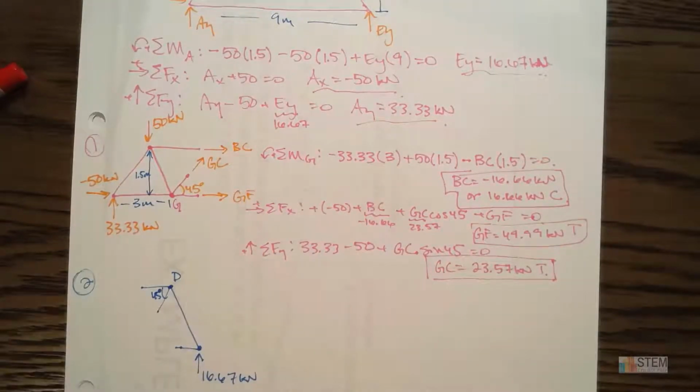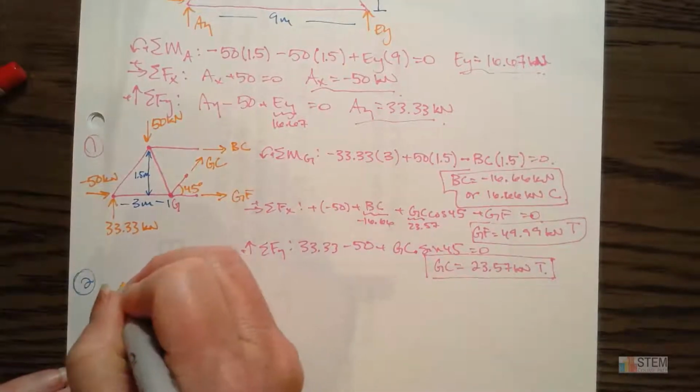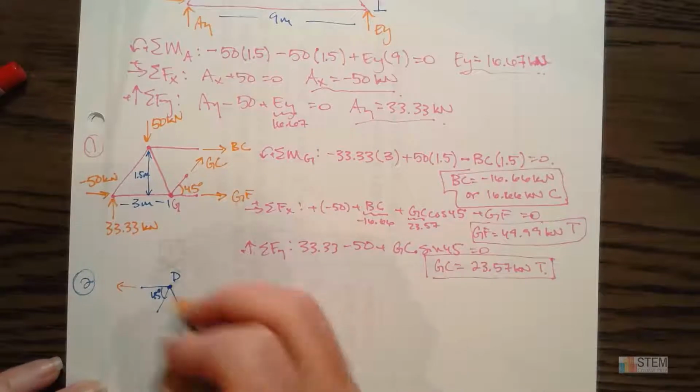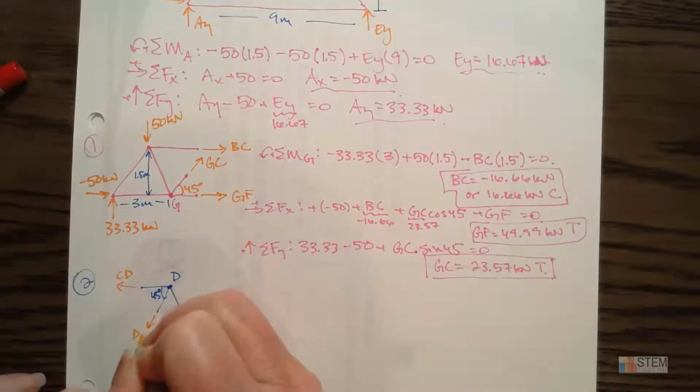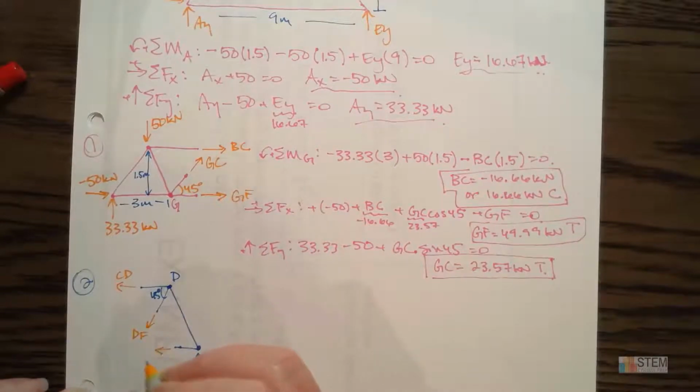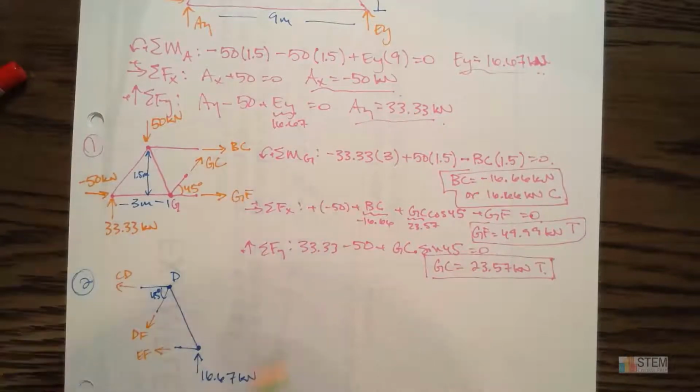Okay, so now let's draw our forces. All right, so this top member, this is CD, so we'll just put CD here. This is DF, and this here is EF. Notice again, I'm drawing these going out away from the section. That way we can use that positive is tension, negative is compression sign convention.